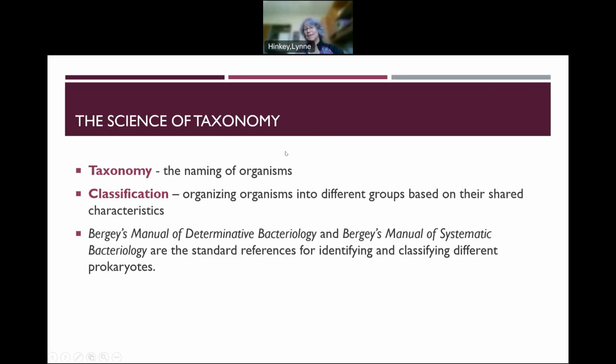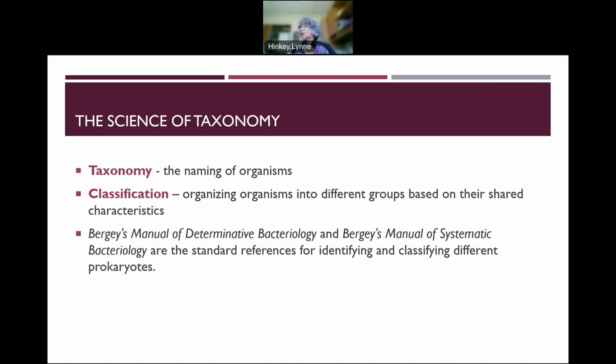In bacteria, in microbiology, where we're primarily talking about bacteria, we have 2 reference manuals that we use a lot. Bergey's Manual of Determinative Bacteriology and Bergey's Manual of Systematic Bacteriology. These 2 manuals are our standard reference guides for identifying different types of prokaryotes, small-celled organisms without a nucleus.